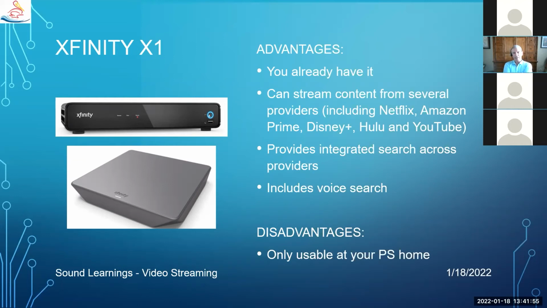One of the nice things about it is if you subscribe to a number of different services, which I'm sure a lot of people do, like if you have both Netflix and Amazon Prime, if you search for a movie and it's available on both of them, it'll give you the option of which one you want to watch it on.